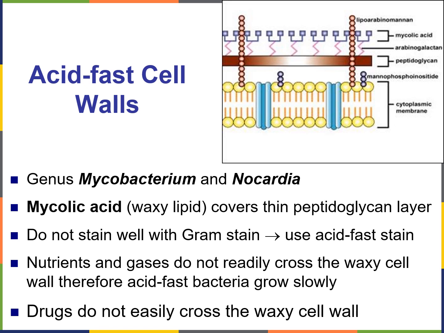Because of that, the acid-fast bacteria tend to grow slower than non-acid-fast bacteria. Also note that different types of drugs, such as antibiotics, cannot pass through that waxy mycolic acid layer. And so it's harder to treat these different diseases that are caused by acid-fast bacteria.